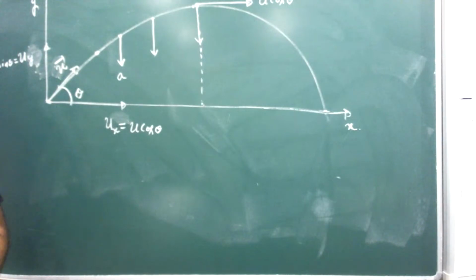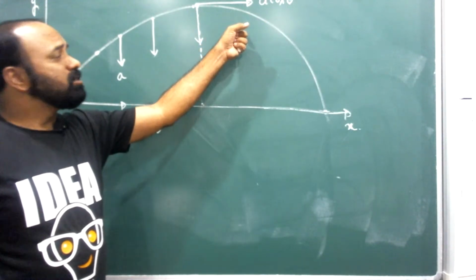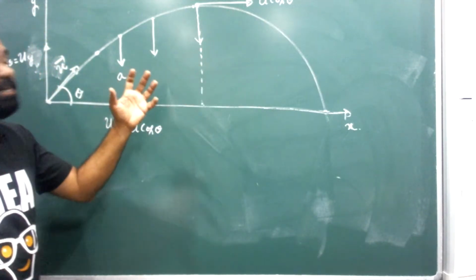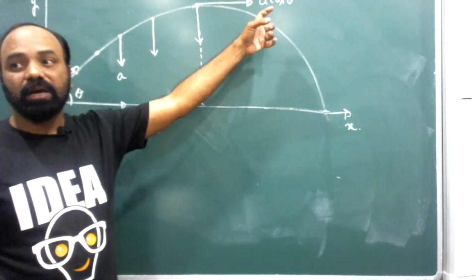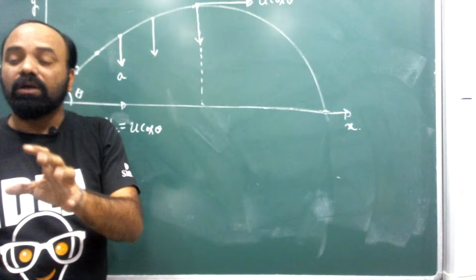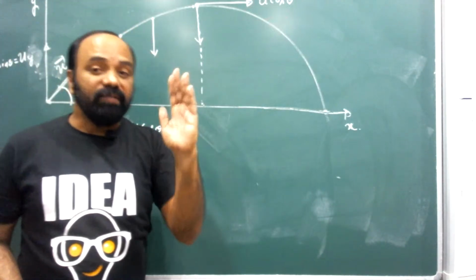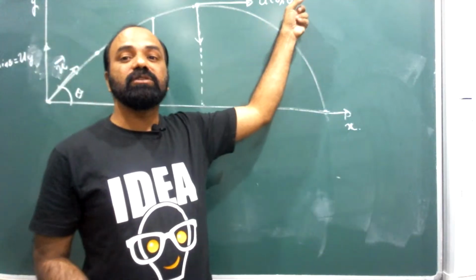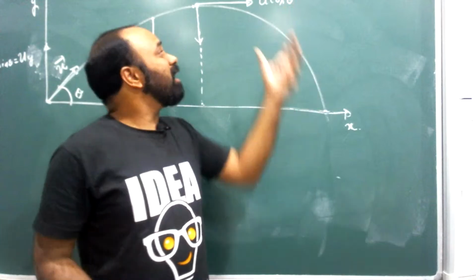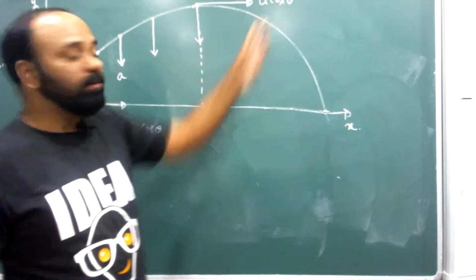In projectile motion, the velocity of the body at its maximum height is u cos theta. It never becomes 0. It becomes 0 only if it is a vertical projectile, where theta equals 90, and cos 90 is 0. Otherwise it never becomes 0.